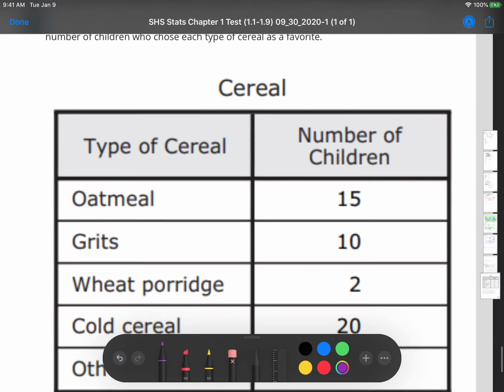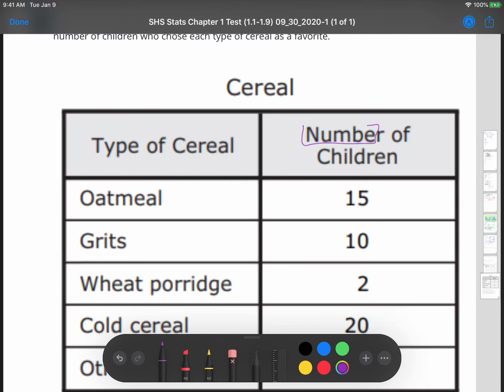So, number of children, this is just frequency. And we need to calculate probably something called the relative frequency, because this gives us percentages. So frequency just means count, and relative frequency is a percent.